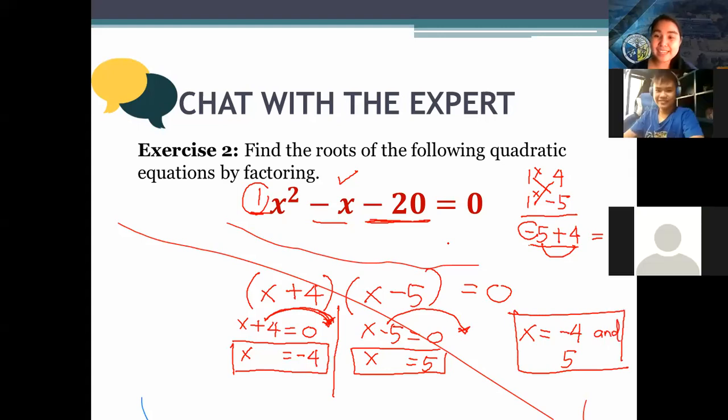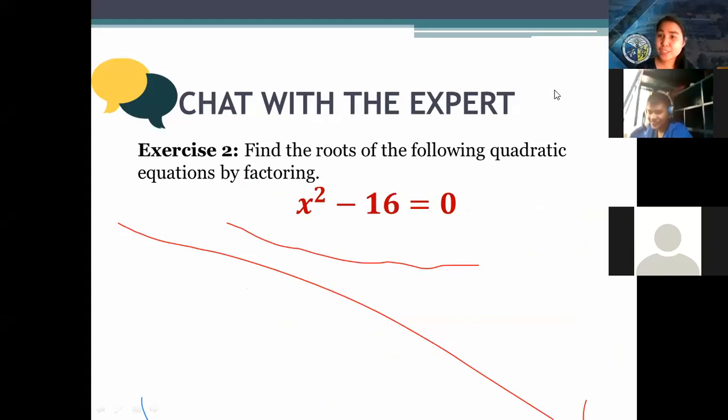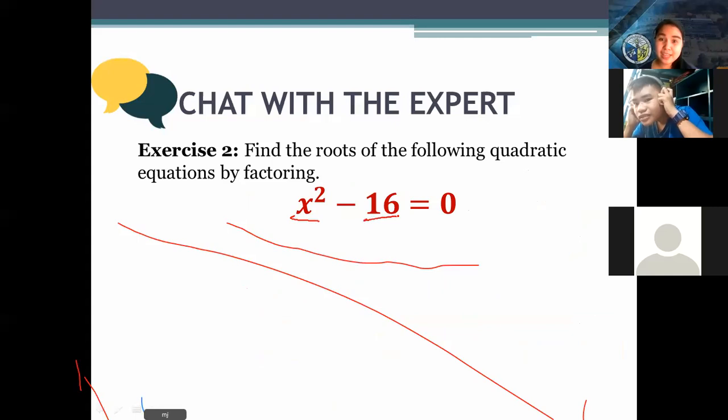Let's go to the next example. Ready? Oops. X squared minus 16. Actually, you can apply the one you learned yesterday. Here, x squared and the constant only.